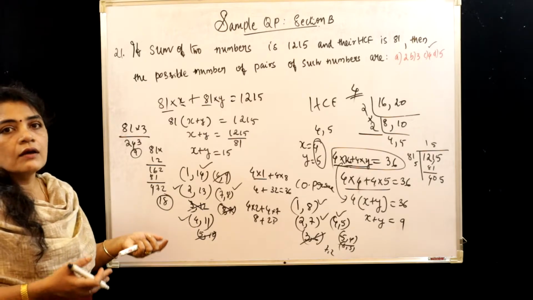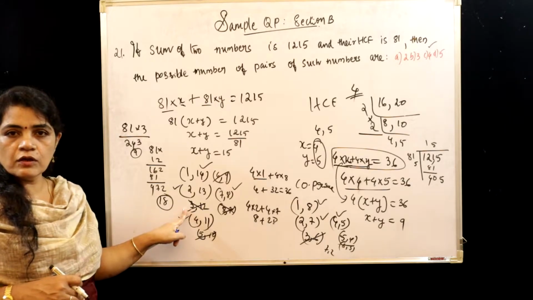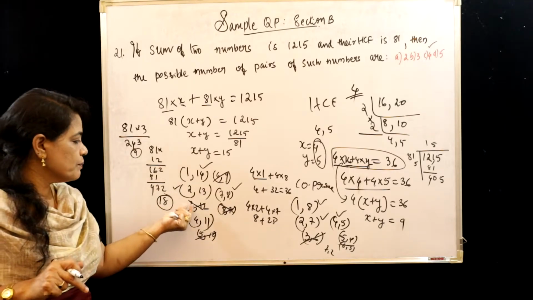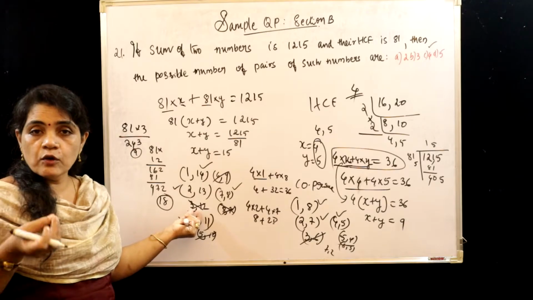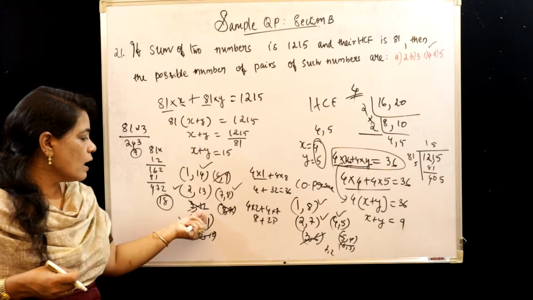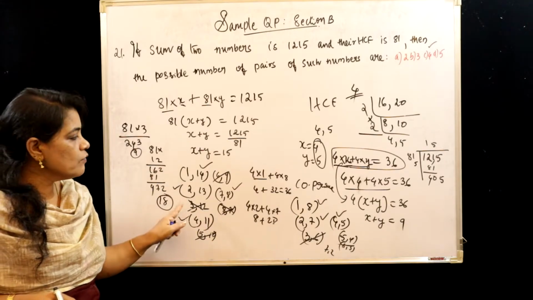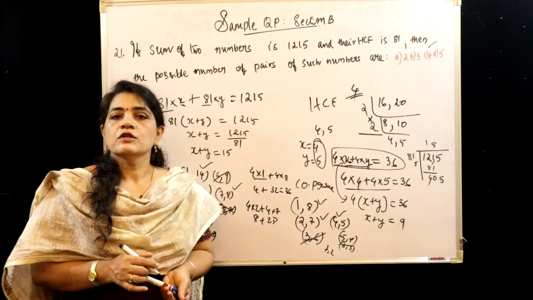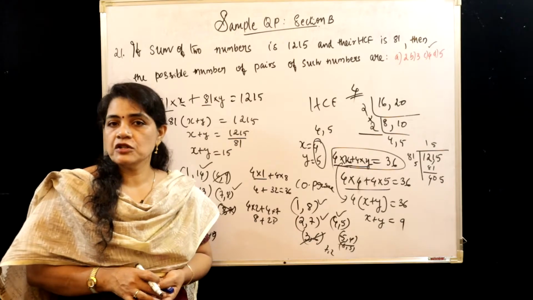That is why we can't consider these numbers. So without doing this step, you have to understand that this pair is not accurate for this question because they are not co-prime numbers. The same will happen for 6 and 9 also. Understood? Okay, so this is the first question of section B.